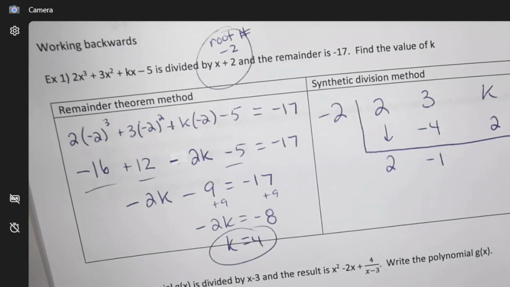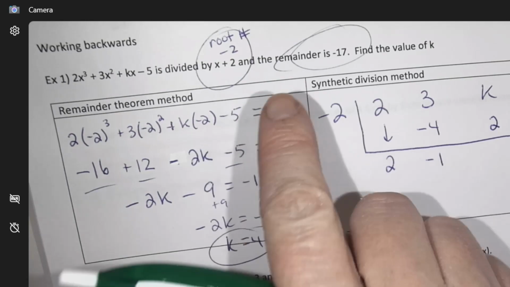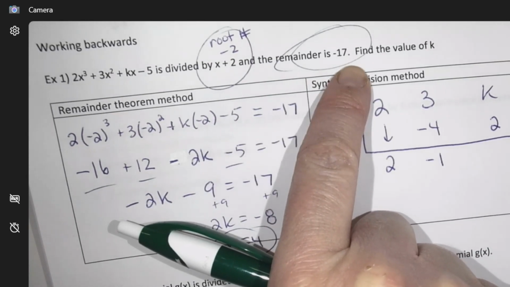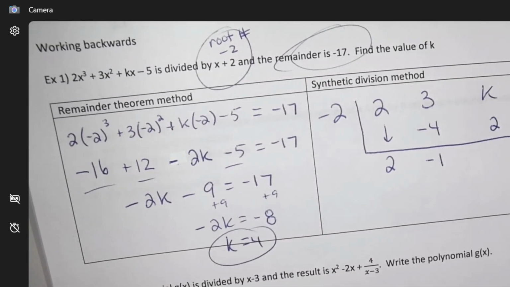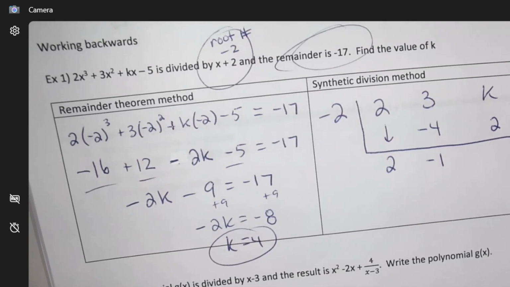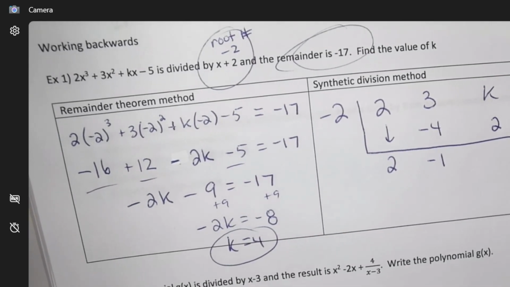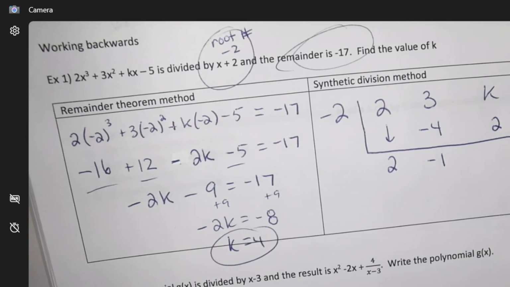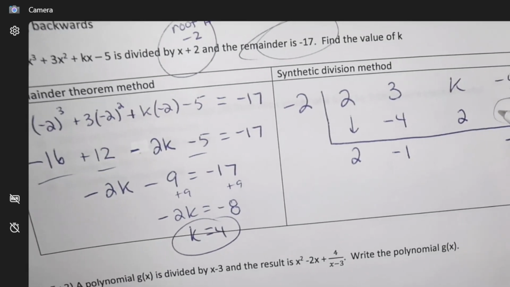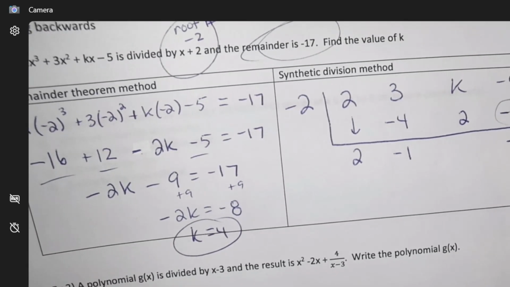Okay, now the remainder was -17, so where could I put that? I could start back here. Okay, what would I need to have in this position? -5 plus what is -17? -12?